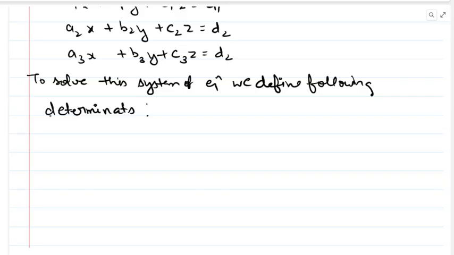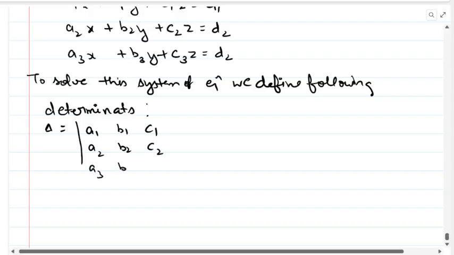The first is del, equal to the determinant with rows a1 b1 c1, a2 b2 c2, a3 b3 c3.